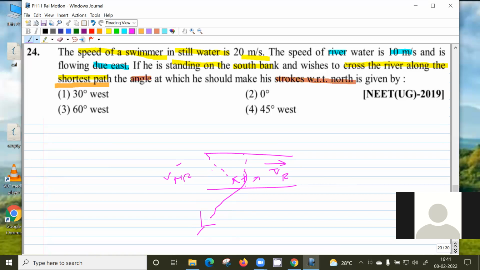For shortest time, with respect to the frame attached to the river, it will be this path. So with respect to the ground, it will be in this direction.